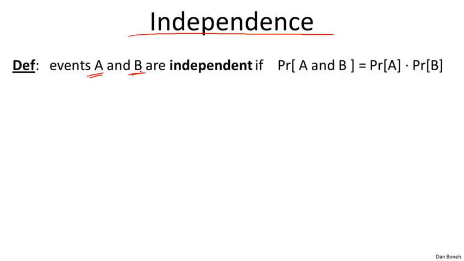Formally, we define independence by saying that the probability of A and B, namely that both events happen, is equal to the probability of event A times the probability of event B. So the fact that probabilities multiply under conjunction captures the fact that these events are independent.